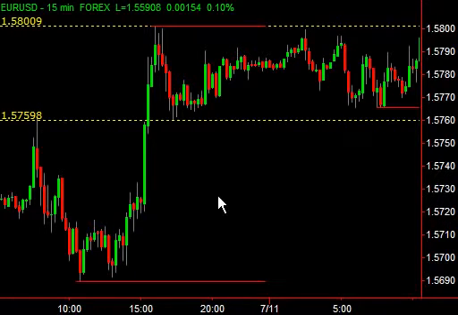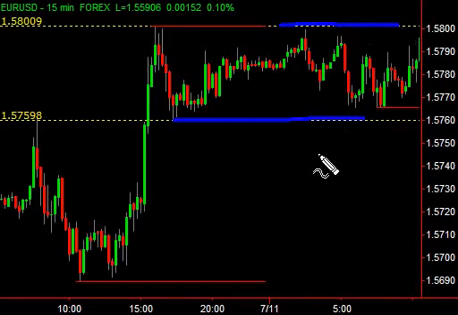The next thing that I want to note with the range is: is this range at an ideal location? What I'm looking for is for this range to be at the high end of the previous day's high-low range. So these solid red lines are the previous day's highs and lows.